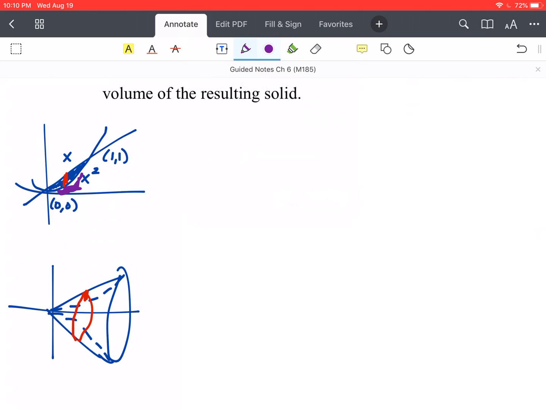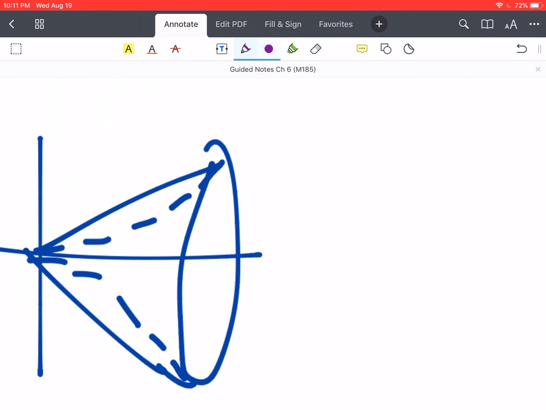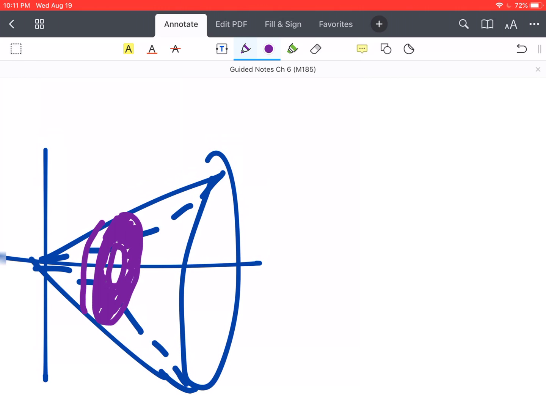There's some space between the curve and the x-axis. So what that's going to do is it's going to create a hole in the middle of our surface, our area of our cross-section.